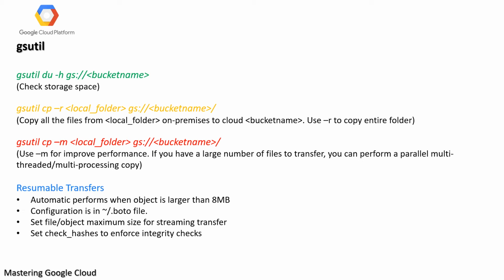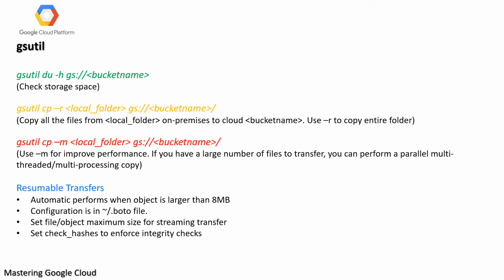Resumable transfers are automatically performed by gsutil when you upload an object which is larger than 8 MB in size. You do not have to specify any special command line options to make it happen. So if the size is more than 8 MB, it uses resumable transfers.